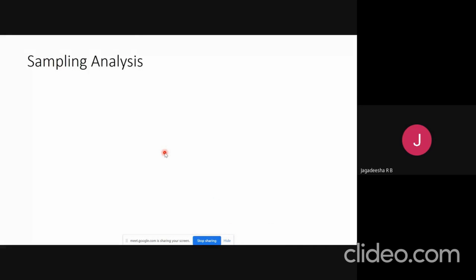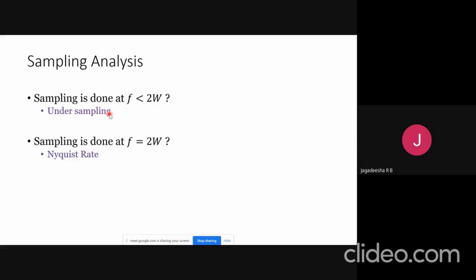Okay, when we do this sampling, there are different cases we can consider. The first is whether the sampling is done at a frequency less than 2 times the highest frequency, or 2 times the bandwidth. If so, then it is called undersampling.